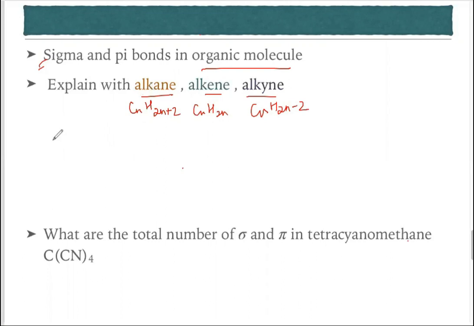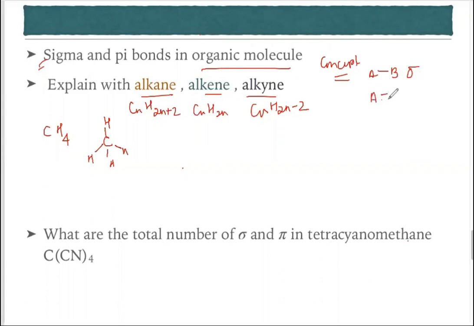First we'll take alkane, which is CH4. As we already know, carbon forms four bonds. The basic concept: whenever there is a single bond, the first bond between two atoms is a sigma bond. Let's suppose A and B are there, and there is a sigma bond. So a single bond represents one sigma.